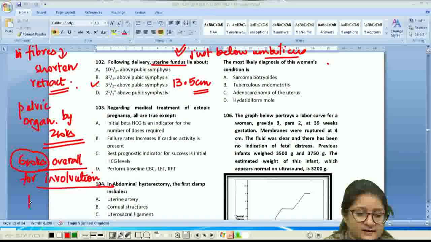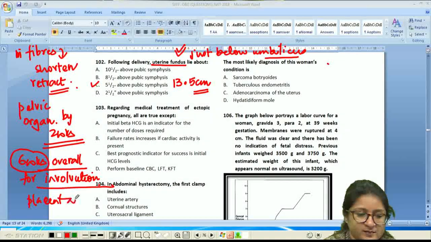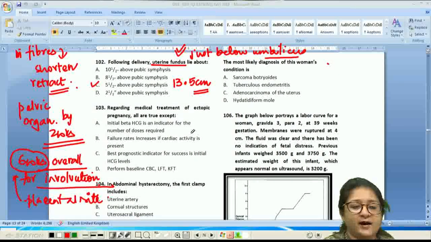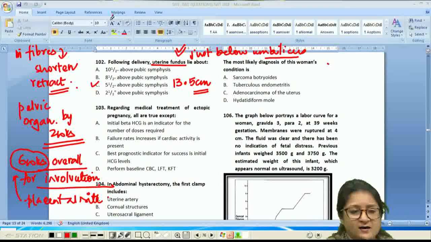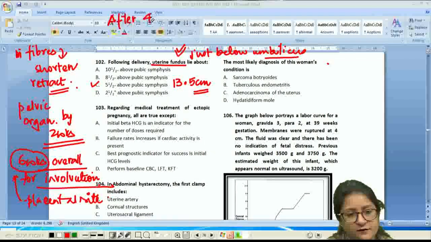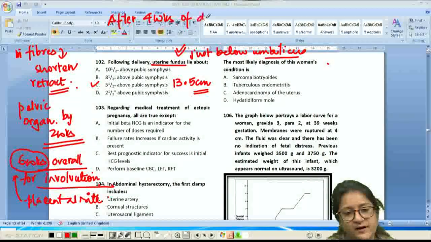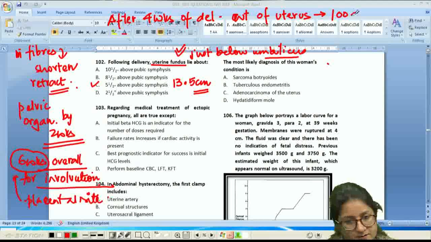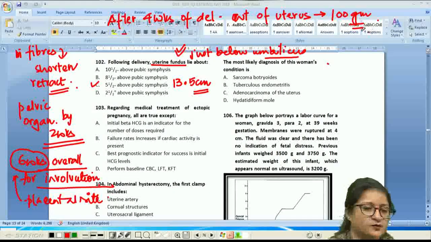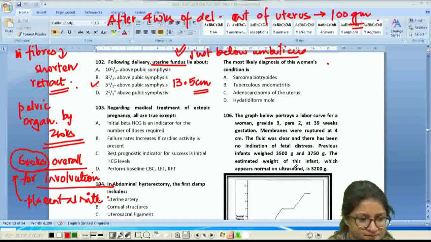Specifically, the placental site involution takes place around 6 weeks. And you have to remember that the weight of the uterus after 4 weeks of delivery is somewhere around 100 grams, okay.